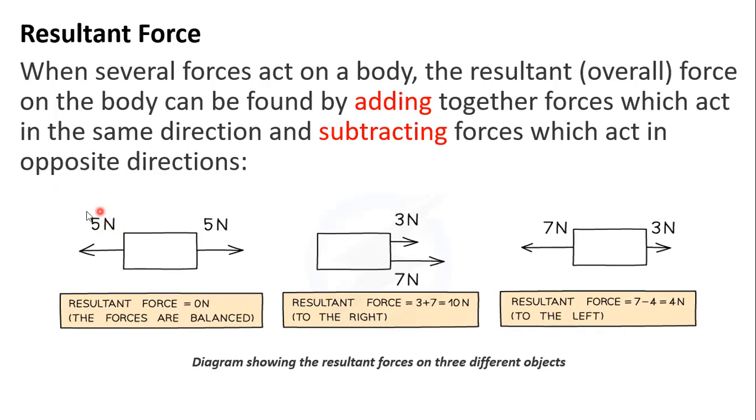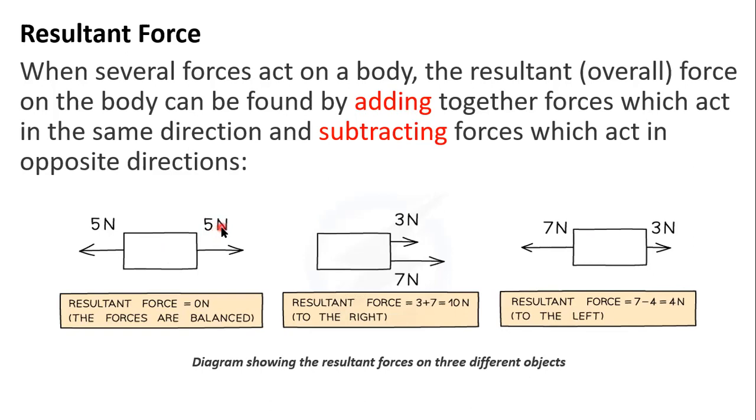The first example, we have two forces here. They are acting in opposite directions. So we have 5 newtons acting on this object to the left, and another force of 5 newtons acting to the right. If we want to find the resultant force for this object, because these are opposite forces, we are going to subtract them.